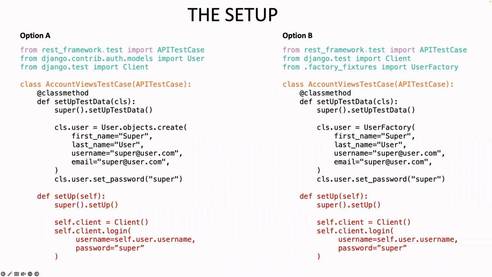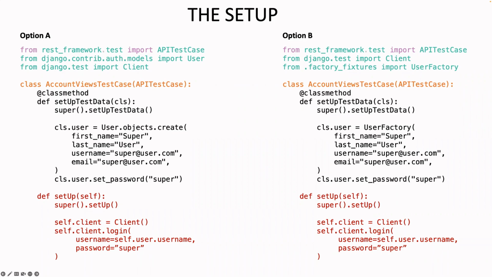So there's two options. And the reason I put two options is because there are two scenarios where you can set up your API test case. Before I talk about the options, you probably noticed that the two options are quite similar.